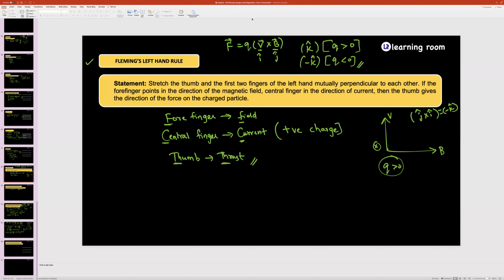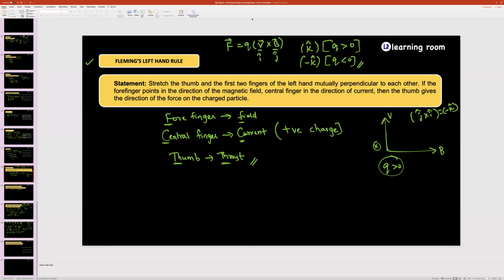Let's say there is a scenario where the velocity vector is upward and the magnetic field is in this direction. How do we apply Fleming's left-hand rule? Don't extend all 3 at the same time; go one by one. Whenever you're asked to find the final value, 2 parameters will be known to you. Depending on those, first open those fingers. Here I know the magnetic field, so I open my forefinger in the direction of field.